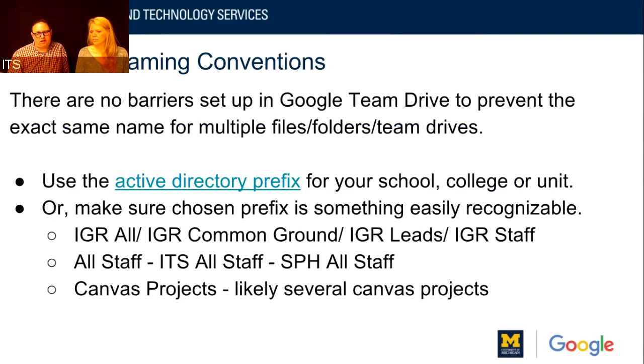So keep that in mind as you plan out the structure you want to use. We're recommending that you try to use the Active Directory prefix for your school or college or unit, or if people are more accustomed to using an acronym for your particular school, college, or unit, just make sure that it is something easily recognizable by those who would be on the team.